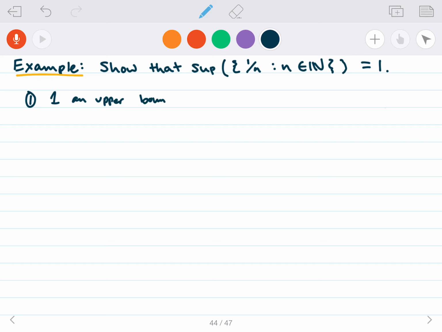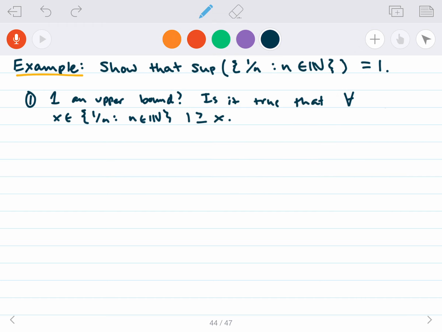Is it true that for all x in this set, 1 is greater than or equal to x? And yeah, that's true, because if we just start writing elements of this set, we see that as n gets larger, the sequence 1 over n is strictly decreasing.